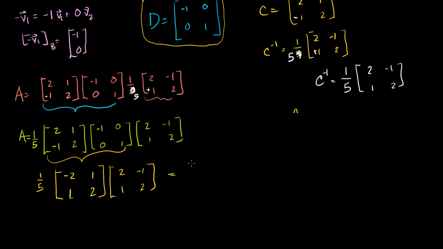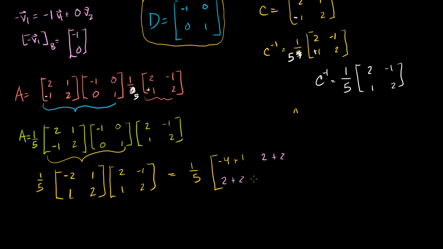And what is this going to be equal to? This is going to be 1/5 times minus 2 times 2 is minus 4, plus 1 times 1, plus 1. Your next term is minus 2 times minus 1, which is 2, plus 1 times 2, so it's plus 2. And we have 1 times 2, which is 2, plus 2 times 1, which is 2.